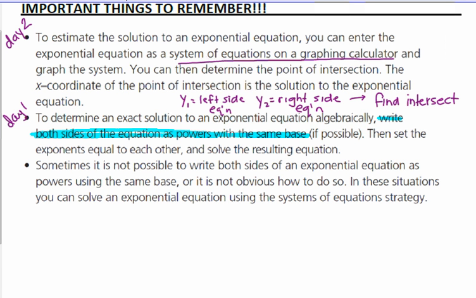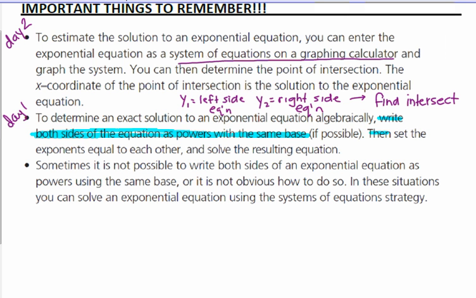If not possible, then at this point we have to use the graphical method. After this unit, we're going to learn logs, and so we're going to learn to solve them with something called logs. And no, it's not like a tree. Sounds like it. But anyways, okay. There's a whole bunch of jokes I'm going to tell. I can't wait. Then set the exponents equal to each other and solve the resulting equation.